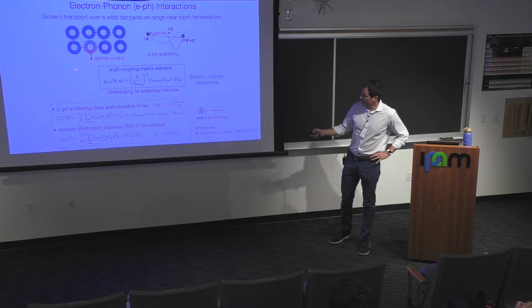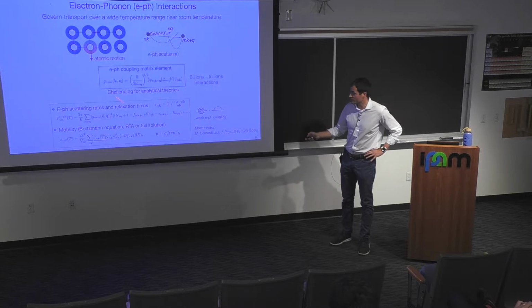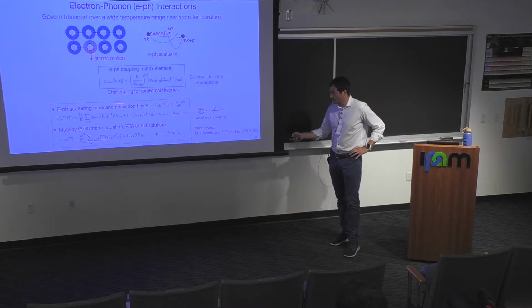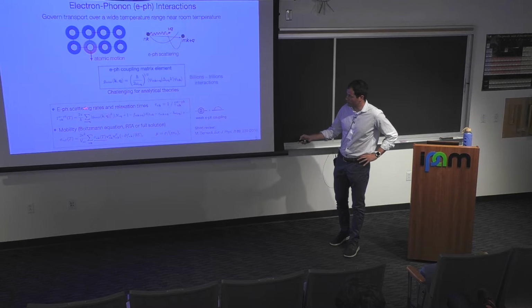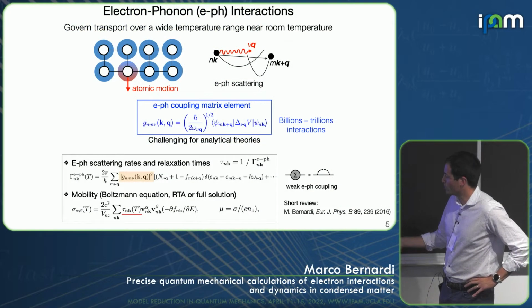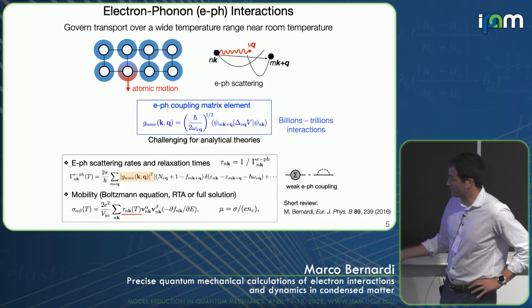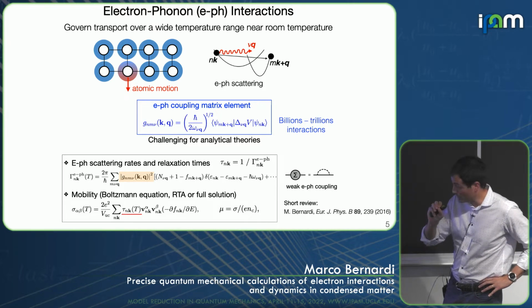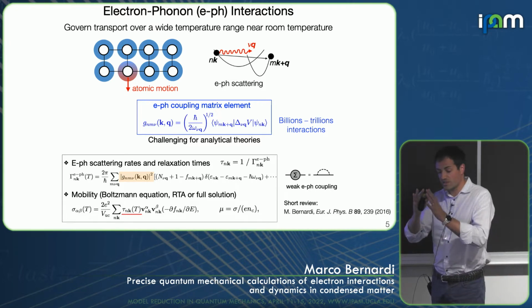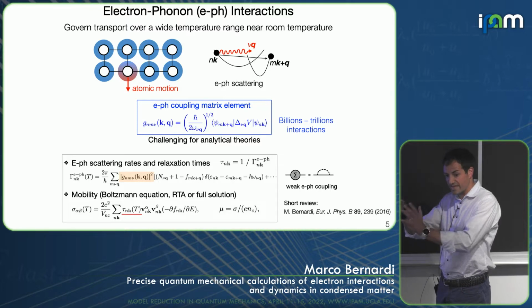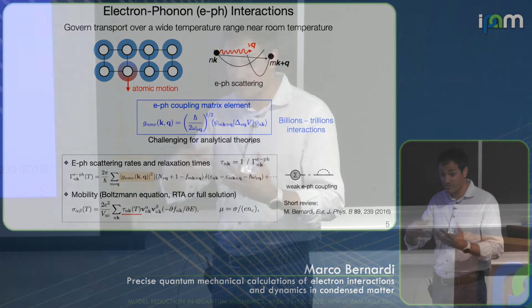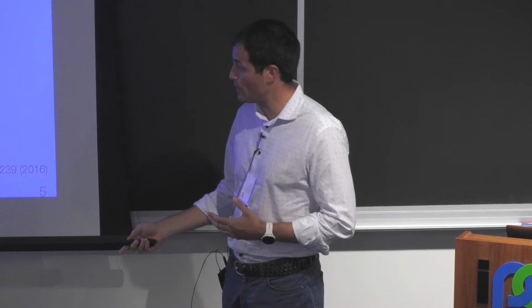Once you have these matrix elements, for example, you can compute the time scale for these scattering processes. This is the so-called relaxation time, which you can obtain using Fermi's golden rule. Or when the electron-phonon interactions are weak, you can study transport in the framework of the Boltzmann equation, where the electron is seen as a wave packet that scatters with the phonons, and that process limits the conductivity.